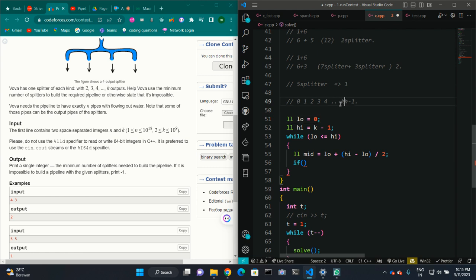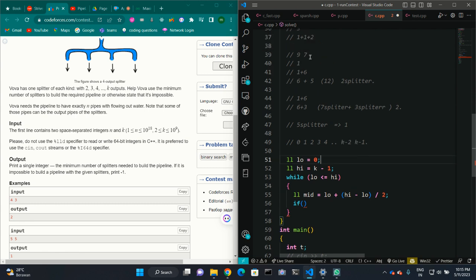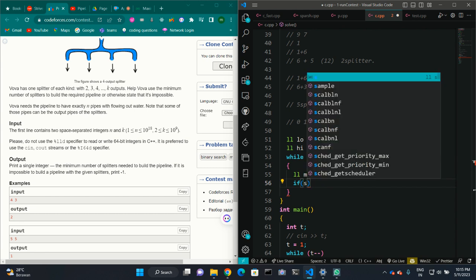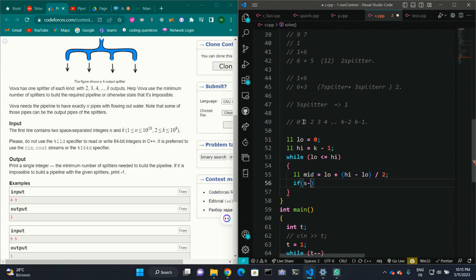Two splitters, K minus one, K minus two sum. I mean, we are adding in descending order, right? So what should I do? Yes, this is the total sum.